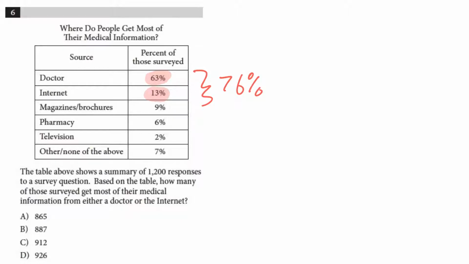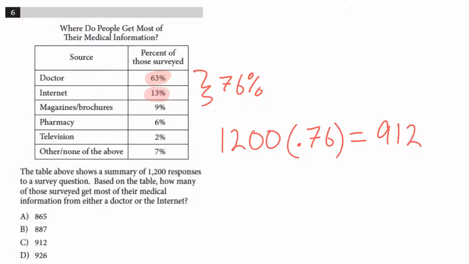All right, and there was a total of 1,200 responses. So we're going to multiply 1,200 times 0.76. And I'm going to pull up my calculator, and I get 1,200 times 0.76 equals 912. 912 people get most of their information from the doctor or the internet.